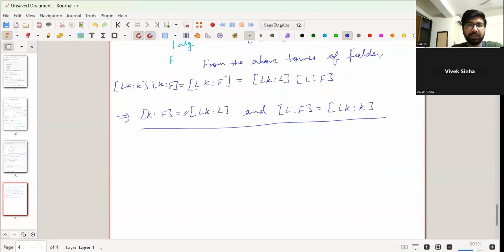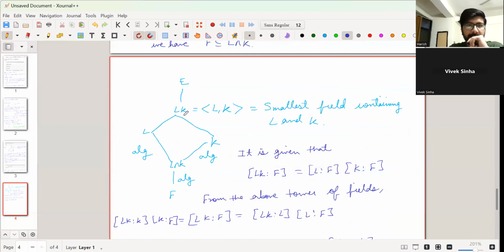Now use these things to conclude that we were supposed to find L intersection K over F, right?